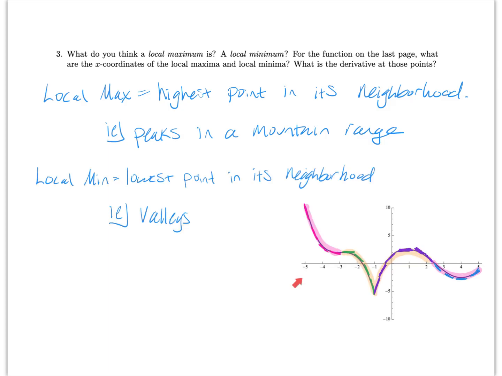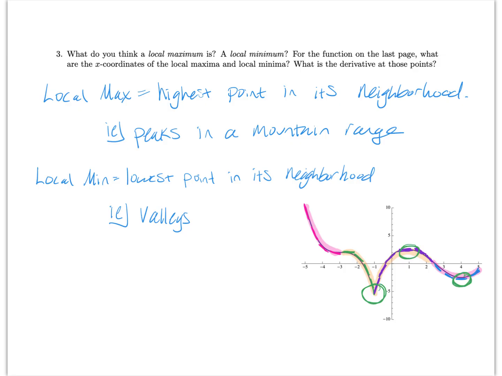So I've grabbed a picture of f from the previous problem, and we are supposed to find the x coordinates of the local maxima and local minima, and what is the derivative at those points. So I am going to circle local maxima and local minima. So here's a valley, here's a peak, and here's a valley.